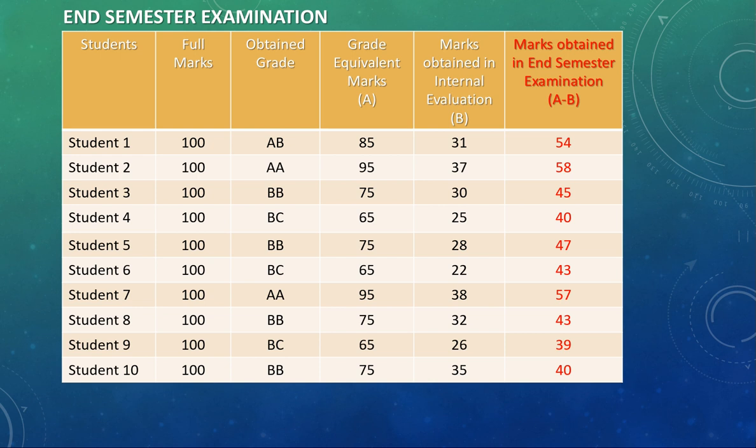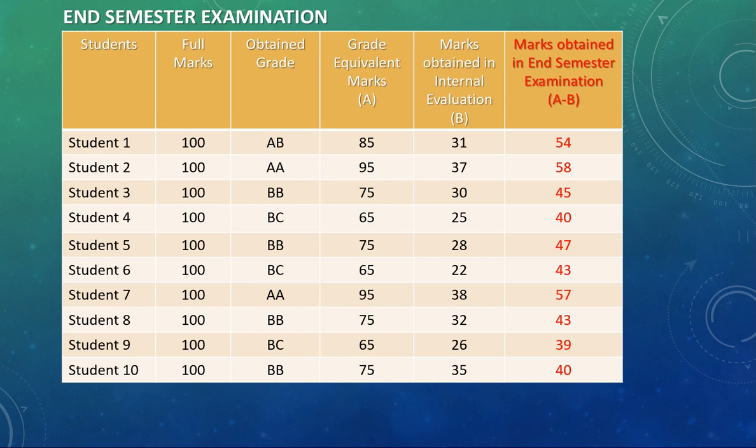Now we are to convert the AB grade into some marks. So we are to calculate a grade equivalent marks system. That means AB is actually a range. It defines a range, maybe from 81 to 90, so students obtaining 81 to 90% marks get AB grade. Therefore, we can set a mean or an average for the whole range.